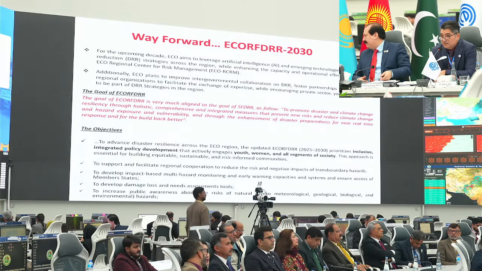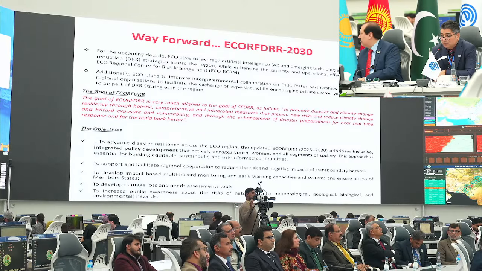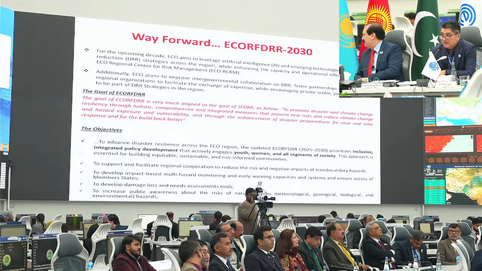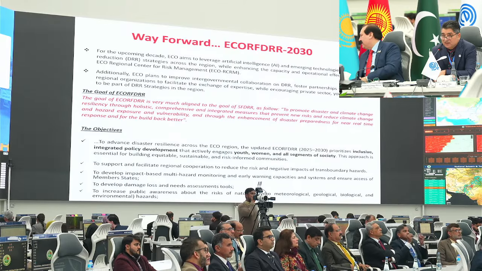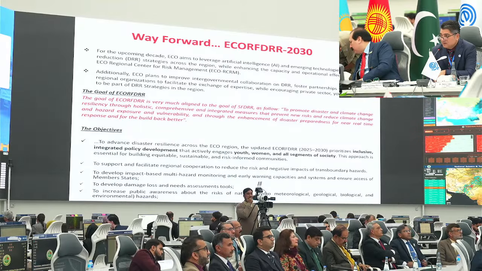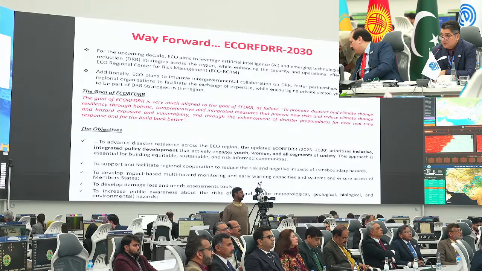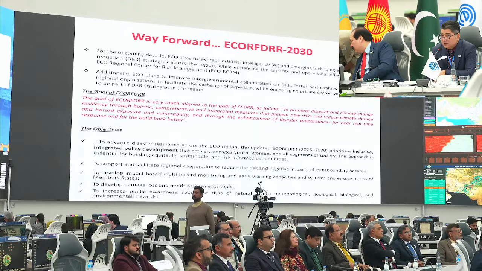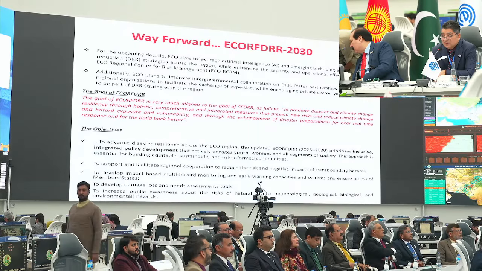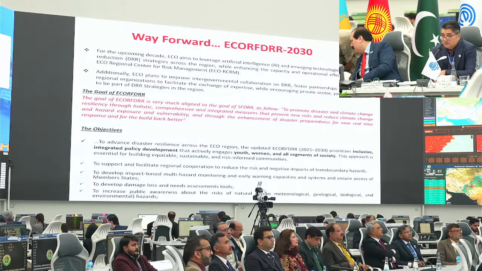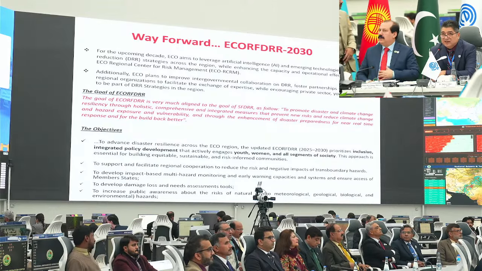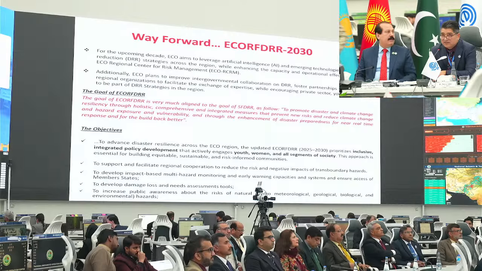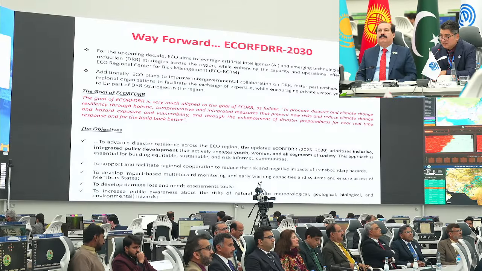The status of this center was approved by the 16th ECO summit in Uzbekistan, 2023. So far, just the Islamic Republic of Iran has joined the status of this ECO center. Of course, we are waiting for the other countries. We are encouraging the other countries to join the status of this regional center for risk management, to make it fully operational.